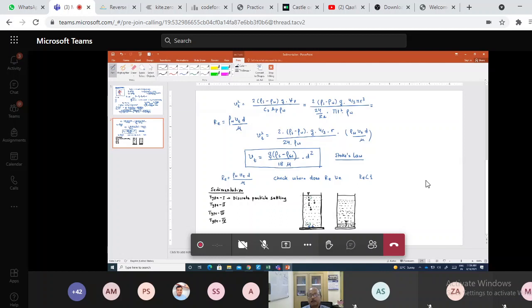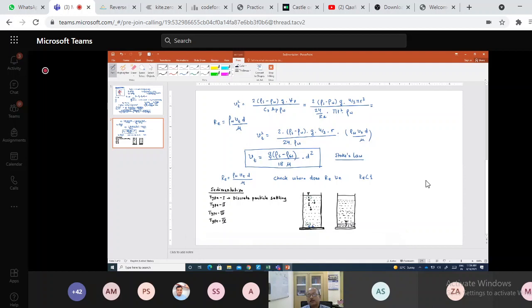And then when they are settling, because this is a wastewater solution, there will be a lot of polymers secreted by the bacteria themselves. So they will tend to agglomerate with each other as time progresses.